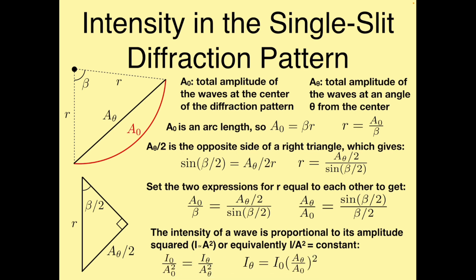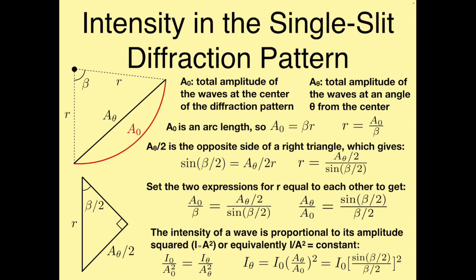So to rearrange that, we have I theta, the intensity at any angle theta in the pattern, is equal to I0 times A theta over A0 squared. But here's the thing, we know that ratio of the amplitudes already. So that's going to be I0 times sine of beta over 2 divided by beta over 2, all squared.